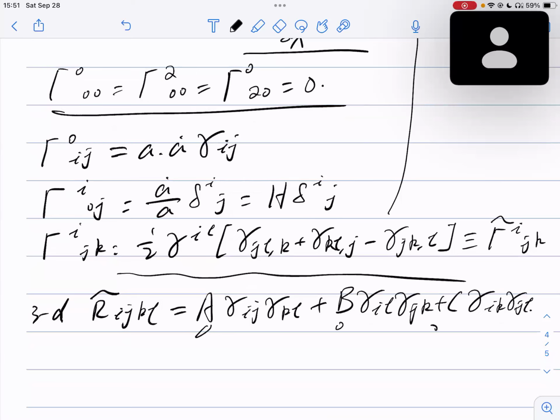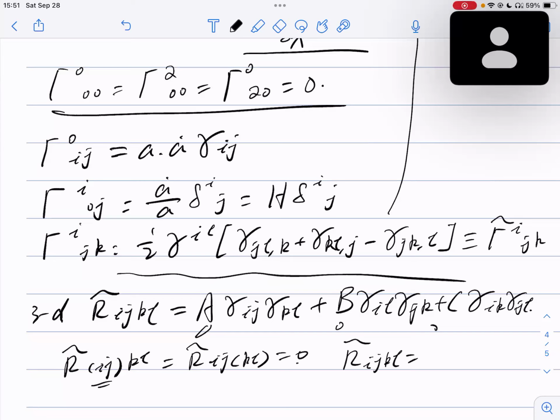Now we shall use the general properties of the Riemann curvature tensor. Because they are general properties, of course the three-dimensional Riemann curvature tensor will obey them. This tensor is antisymmetric with regard to the first two indices and to the second two indices, and the cyclic sum equals 0. And another one: R ijkl, if we just exchange these two sets of indices in total, it won't change, equal to R klij.